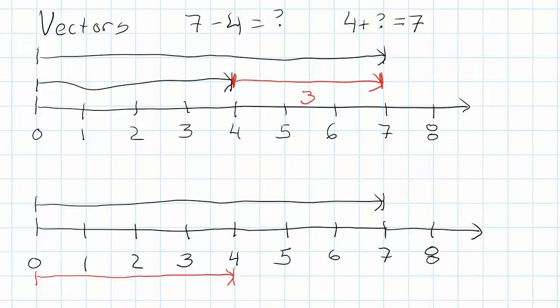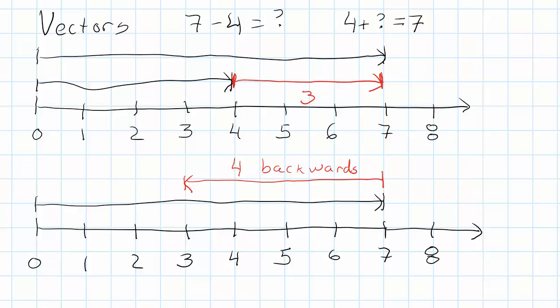So instead of drawing 4 going to the right, I'm going to draw it backwards as 4 going to the left. Now I'm going to pick that up, and I'm going to move it so that it begins right where 7 ends. So my vector 4, remember this is 4 backwards, begins where 7 ends.